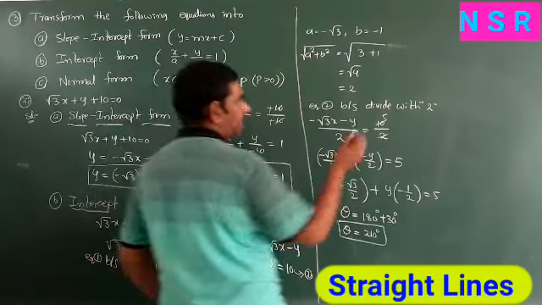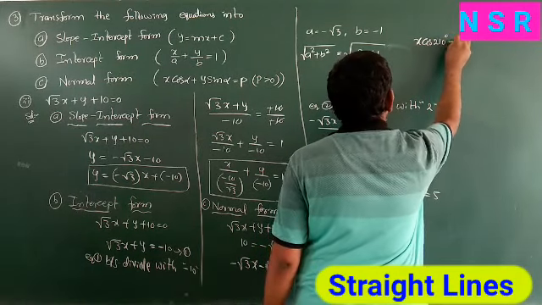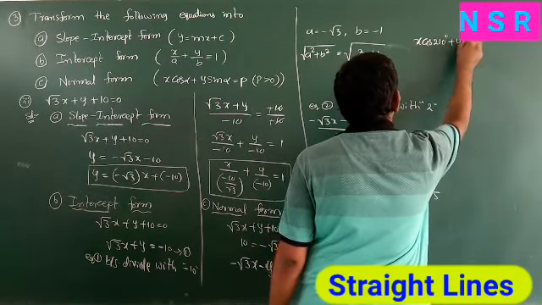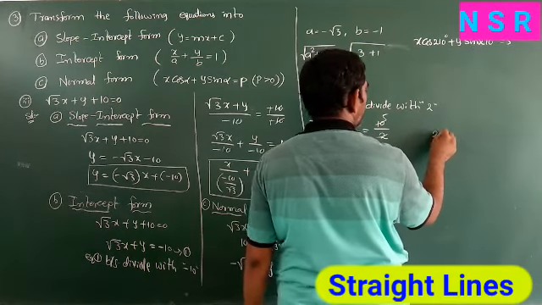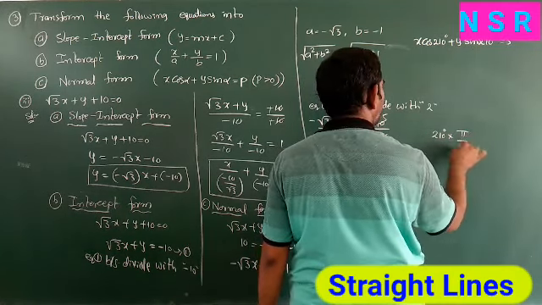Now write x into cos 210 plus y into sin 210 is equal to 5. Now 210 changes into radian form, multiplying by pi by 180. So 7, 30s are 210, 6 into 30 is 180, so 7 pi by 6.